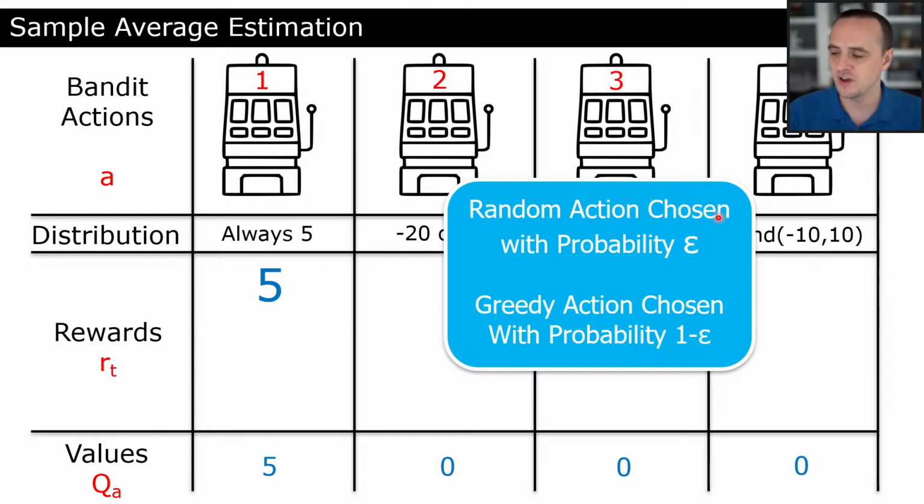So again, 5% is epsilon, we choose a random action, and we choose the greedy action 1 minus epsilon of the time, so 1 minus 5% is 95%.